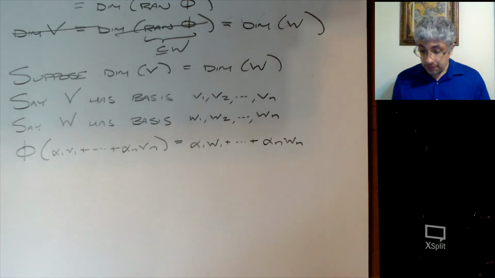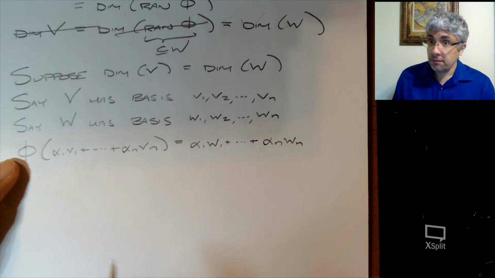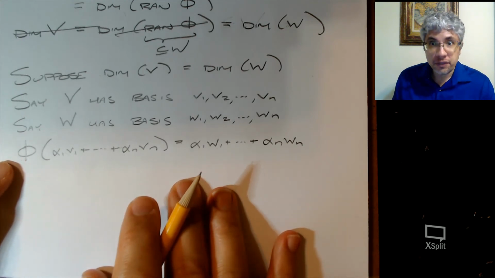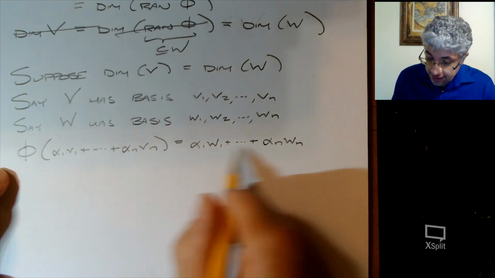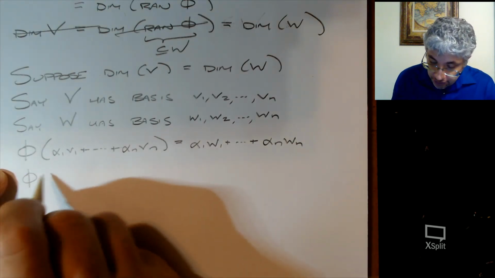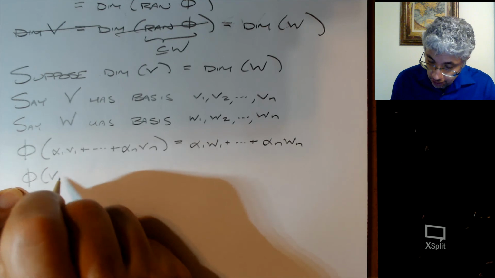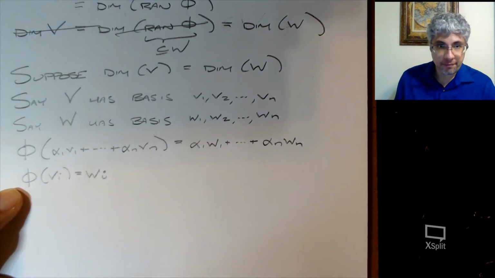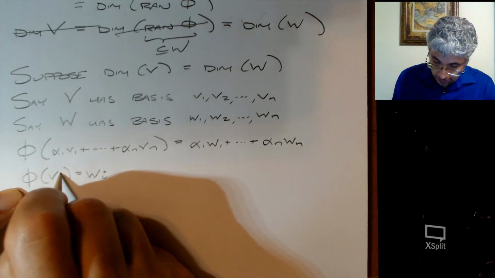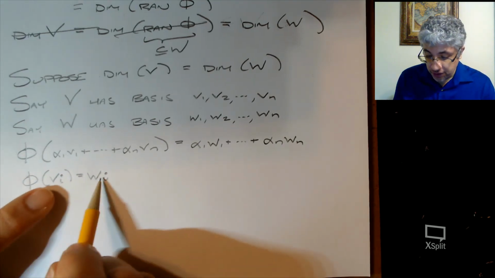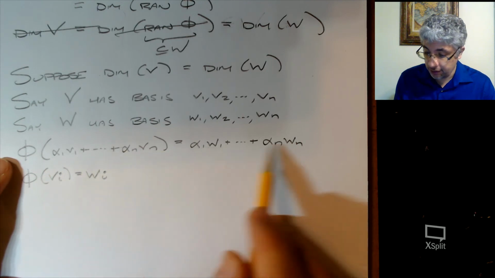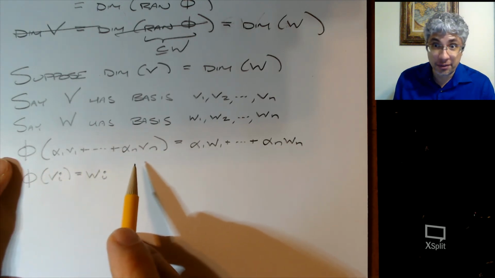One more thing. Why is phi linear? We know it's injective, we know it's surjective. Why is phi linear? Well, this definition is the same definition as if I said phi of vi equals wi. Because if phi of vi is wi, then phi of alpha 1 v1 through alpha n vn would equal this simply by the linearity of the map.